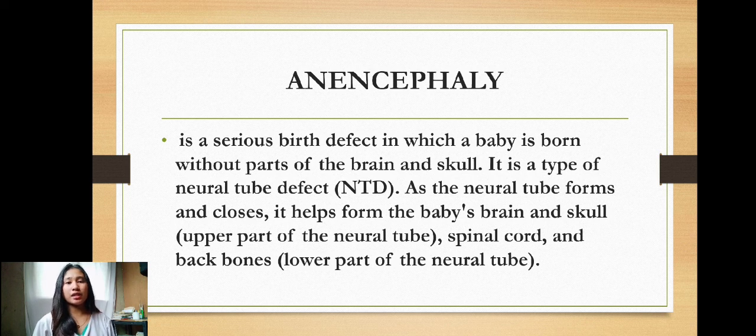Anencephaly is a serious birth defect in which a baby is born without part of the brain and the skull. It is a type of neural tube defect or NTD. As the neural tube forms and closes, it becomes the baby's brain and skull, the upper part of the neural tube, and the spinal cord and backbone, the lower part of the neural tube.